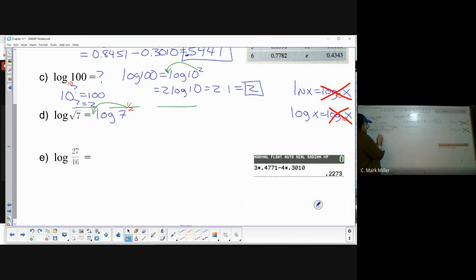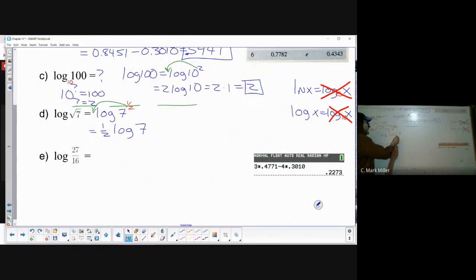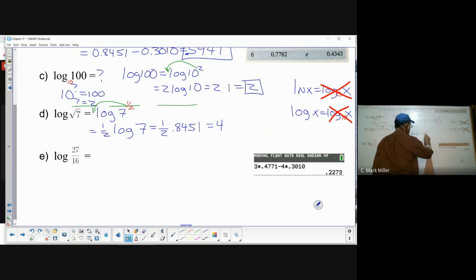So this equals 1/2 log of 7, and that's 1/2 times 0.8451. Well, that's not going to come out even, is it? That's going to be 0.42255.